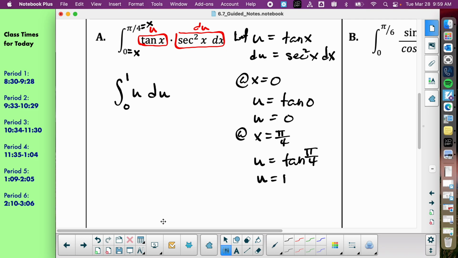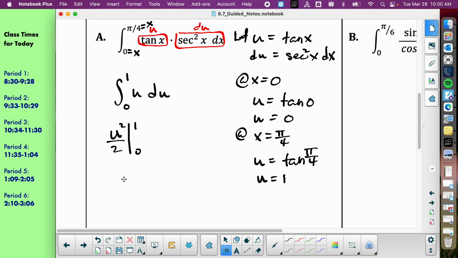It's a lot of details. Like, this isn't to say that you don't know how to do the problem, don't know how to get an answer, but if what you're writing is incorrect, they'll mark that incorrect. Okay, so now from here, now we can integrate. So u to the first, if I integrate it, would be u to the second over 2, and we don't write plus c because we've got numbers, 0 to 1.